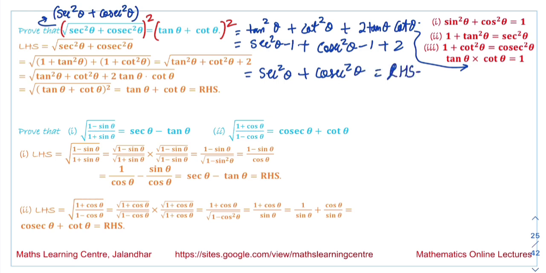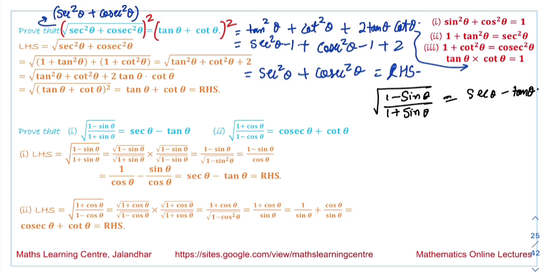Now the next question we have is square root of 1 minus sine theta over 1 plus sine theta, that is equal to secant theta minus tan theta.